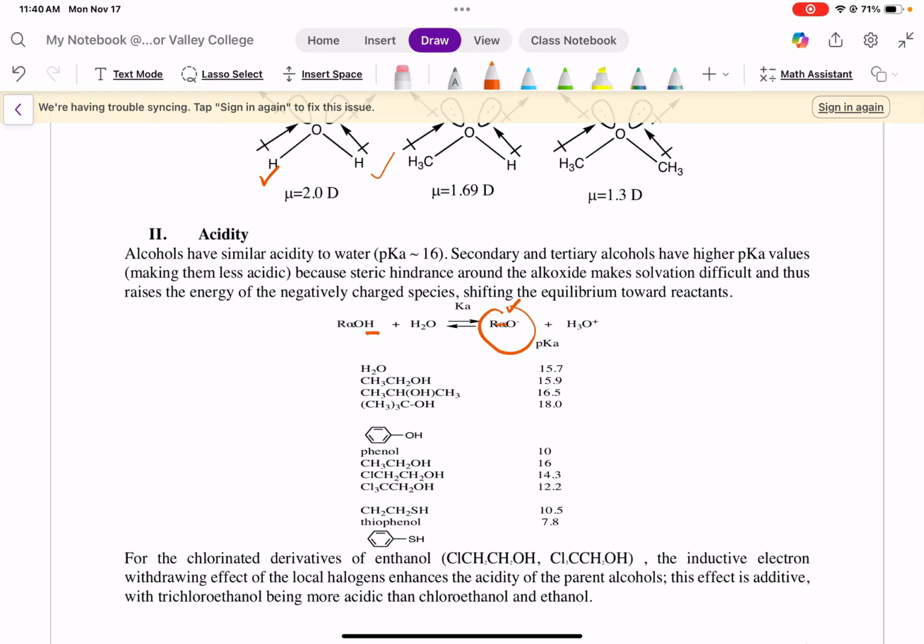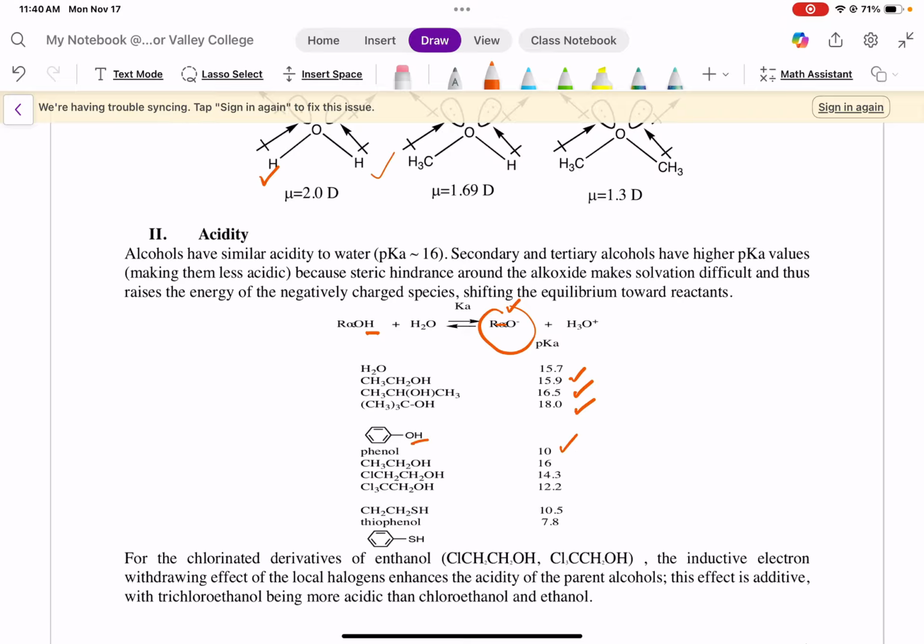Looking at pKa, water is about 15.7, and ethanol is in a similar range. And then you've got isopropanol, and we've got tert-butyl alcohol, 18. That's a little bit less acidic. And we've got phenol.